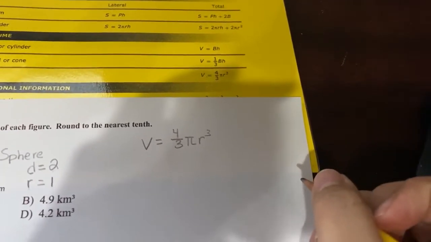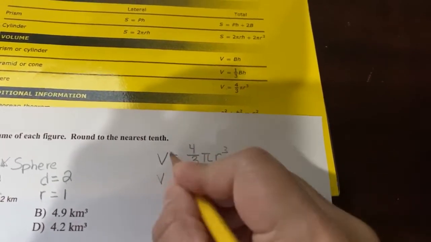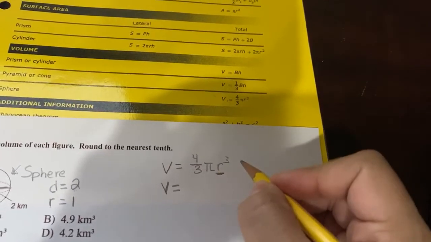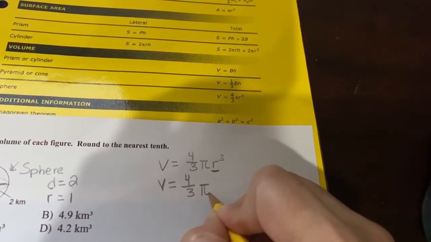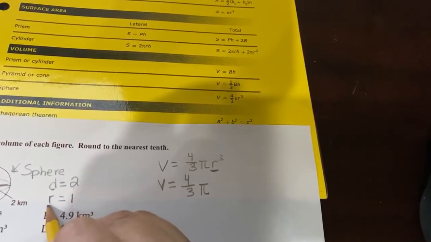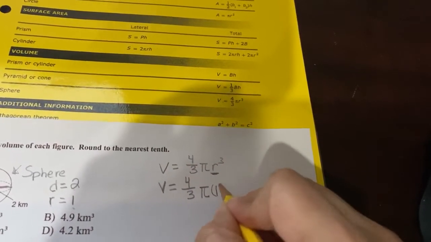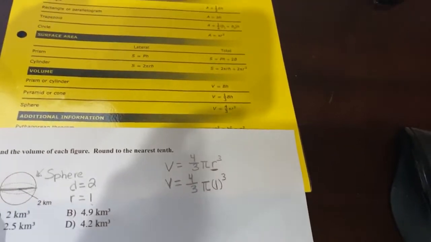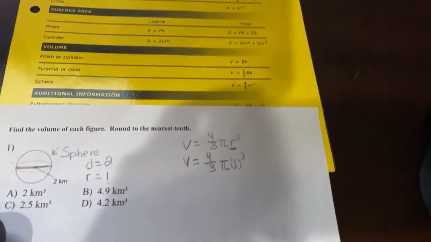Once I do that, I'm going to substitute or plug in on paper the given values, and that given value was the radius. So I'm going to keep the 4/3, I'm going to keep pi, and I'm going to plug in 1 to the 3rd power. So first I plug in on paper, then I'm going to go ahead and plug in my calculator.